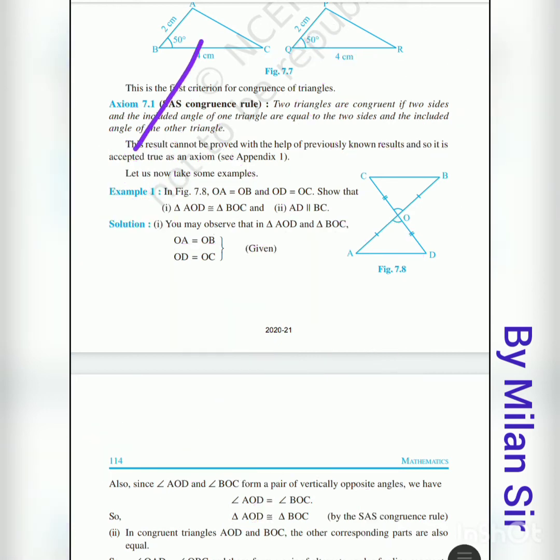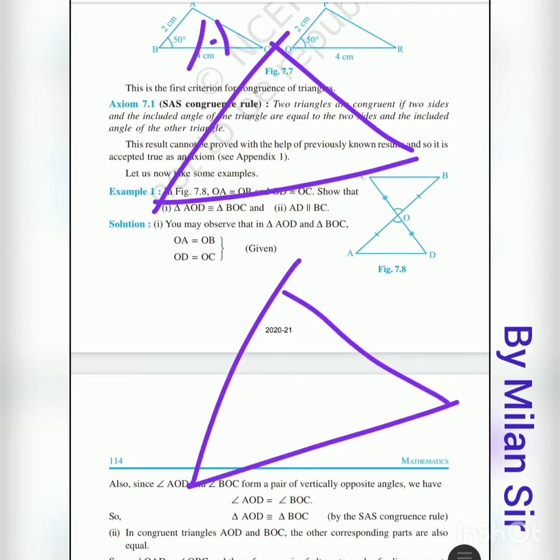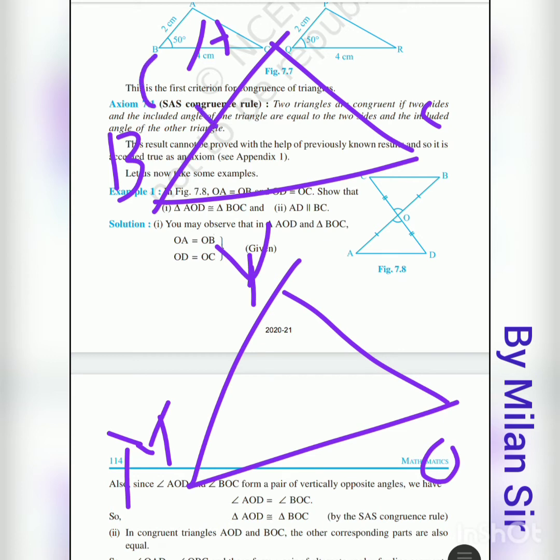Okay, now suppose two triangles are given here, ABC and YMO. AB has measurement 6, here YO has measurement 6, here we have measurement 5, and here we have measurement 5.